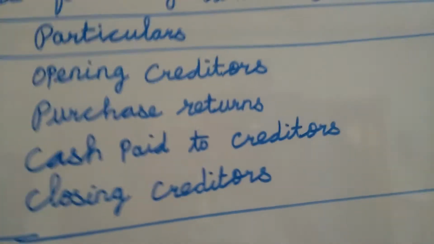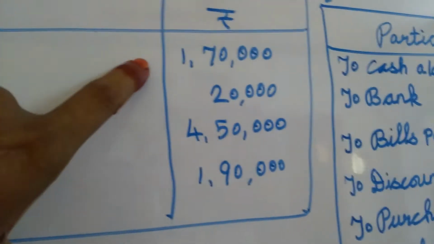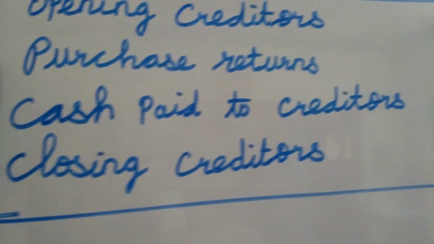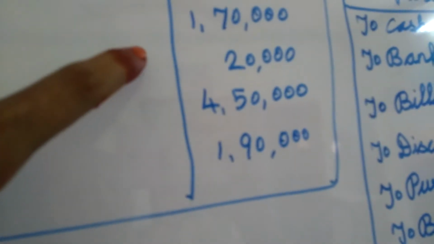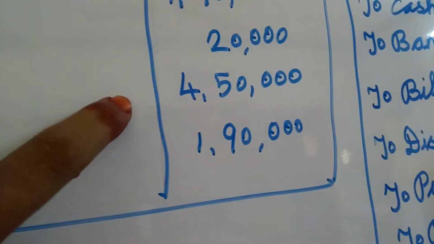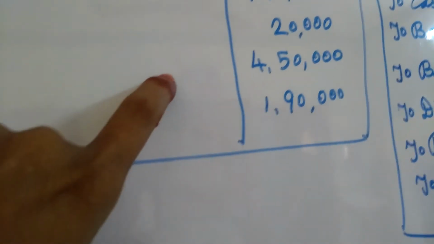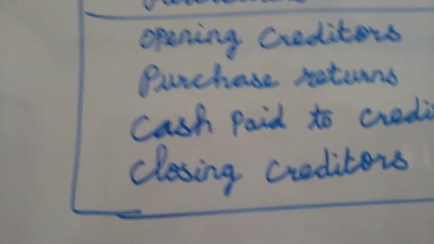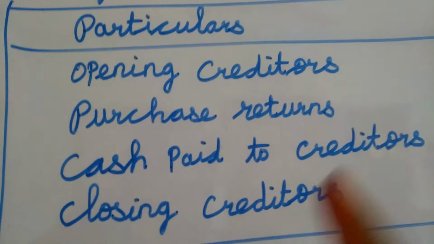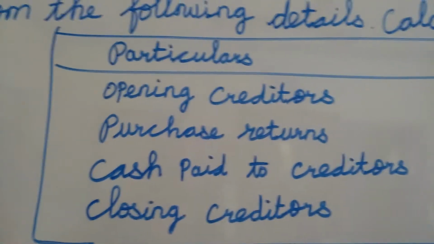Now shall we see the sum? Opening creditors is given, right? Opening creditors: 1,70,000. Purchase return: 20,000. Cash paid to creditors: 4,50,000. Closing creditors: 1,90,000. From this information we are going to prepare the total creditors account, and through it we can easily find out the credit purchase.